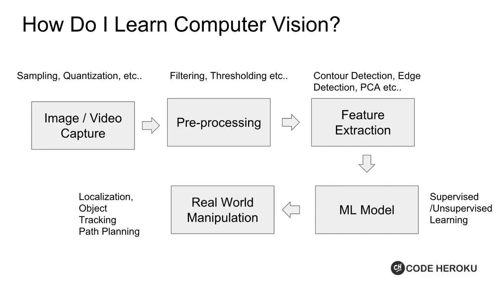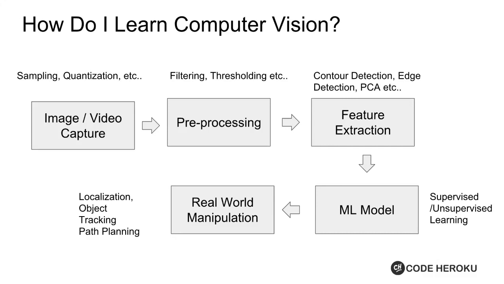But let's say someone wants to do an application end to end. They are interested in augmented reality. They are interested in being able to build some virtual worlds from the real world images. In those cases, you want to be able to understand the entire pipeline, and just learning machine learning won't help you at that point.